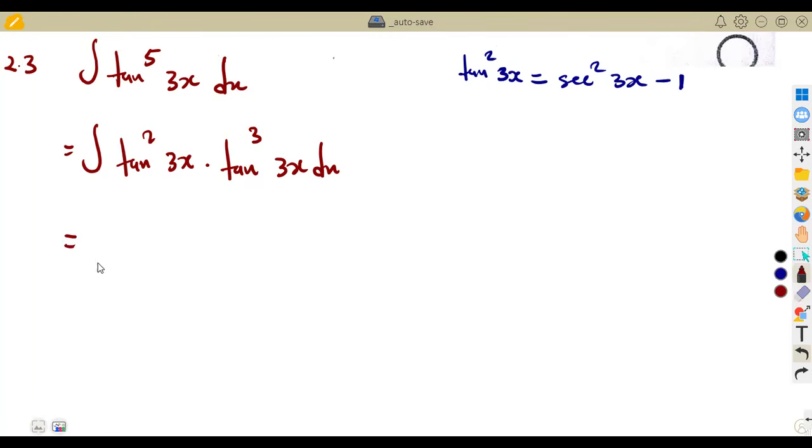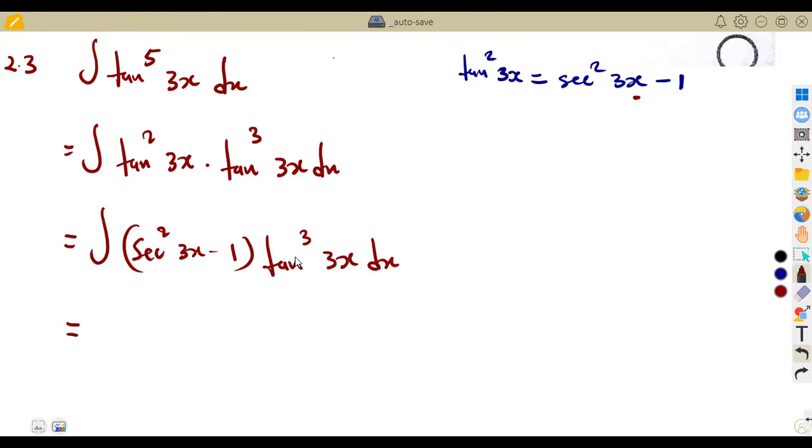So substituting here tan squared, which is equivalent to sec squared minus 1. So this will be sec squared 3x minus 1 into tan cubed 3x dx. So what we are simply going to do is to expand so that we separate. Remember, I said this one you expand up to the last term. So you're going to take the tan cubed inside of the bracket.